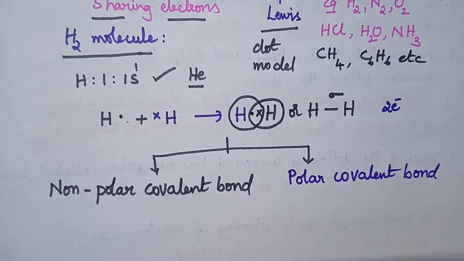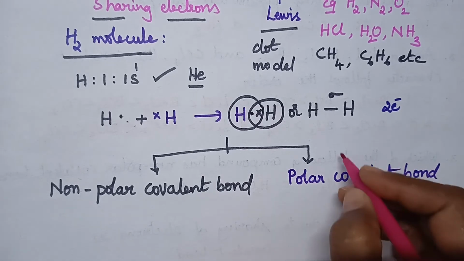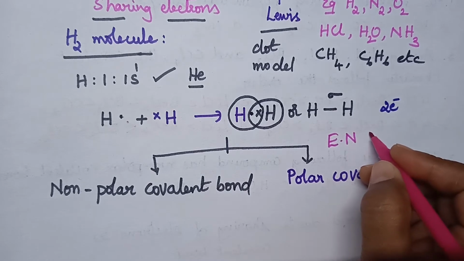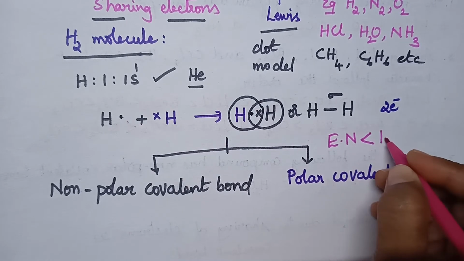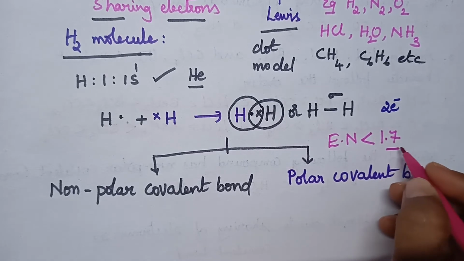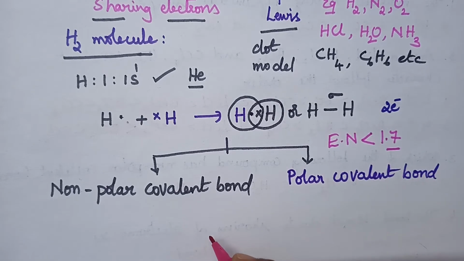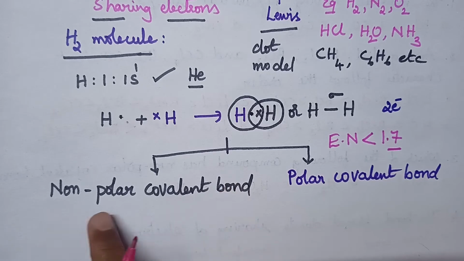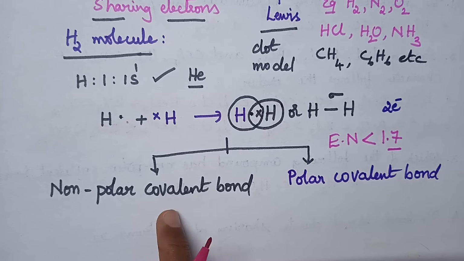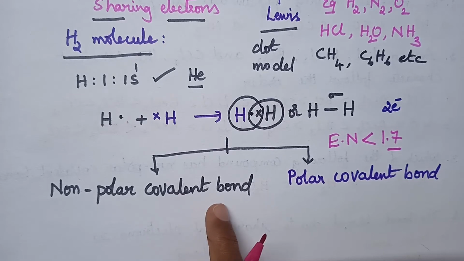In general, if the electronegativity difference between the two atoms is less than 1.7, then it results in the formation of a covalent bond. Here, non-polar covalent bond is formed between the two atoms which have almost similar electronegativity.